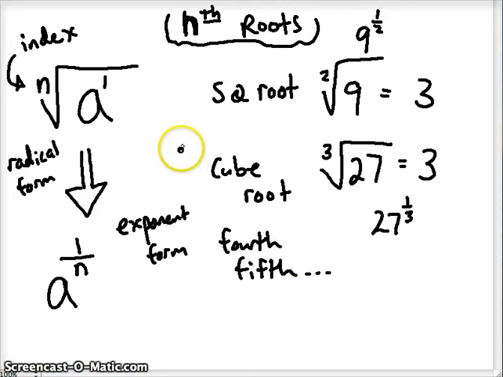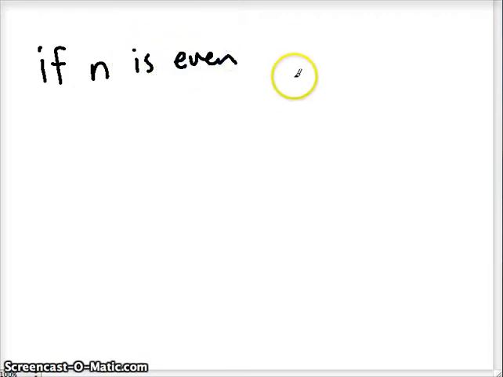Let me get rid of this, keep talking about it. So if n, if that index, if it is an even number, such as a square root or a 4th root or a 6th root or an 8th root and so on, if it's even, then there's always going to be two real solutions or two real roots.